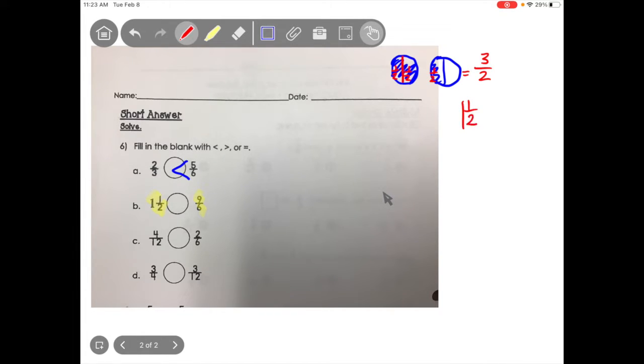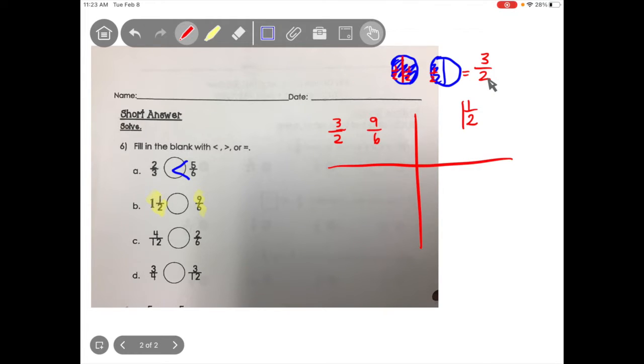Another way we looked at that in class is by saying we can take the whole number times the denominator plus the numerator. So 1 times 2 is 2, plus 1 is 3, and we're dealing with halves, so it would be 3 halves. Now I have 3 halves compared with 9/6.